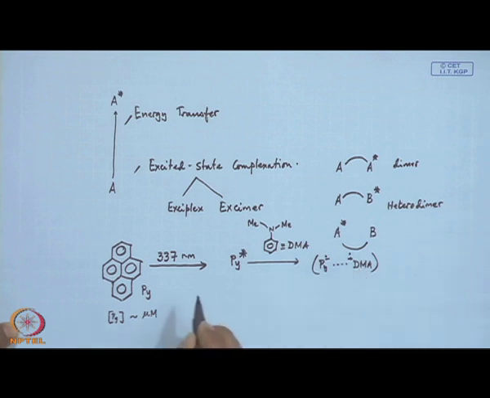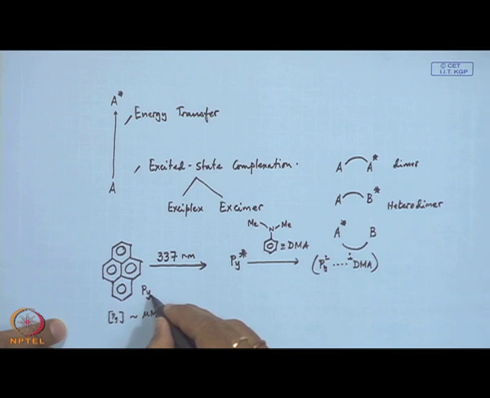But there can be another possibility: if the concentration of pyrene is sufficiently high, like say 10 to the power minus 4 or 10 to the power minus 5 molar, then pyrene forms excimer, excited state dimer.